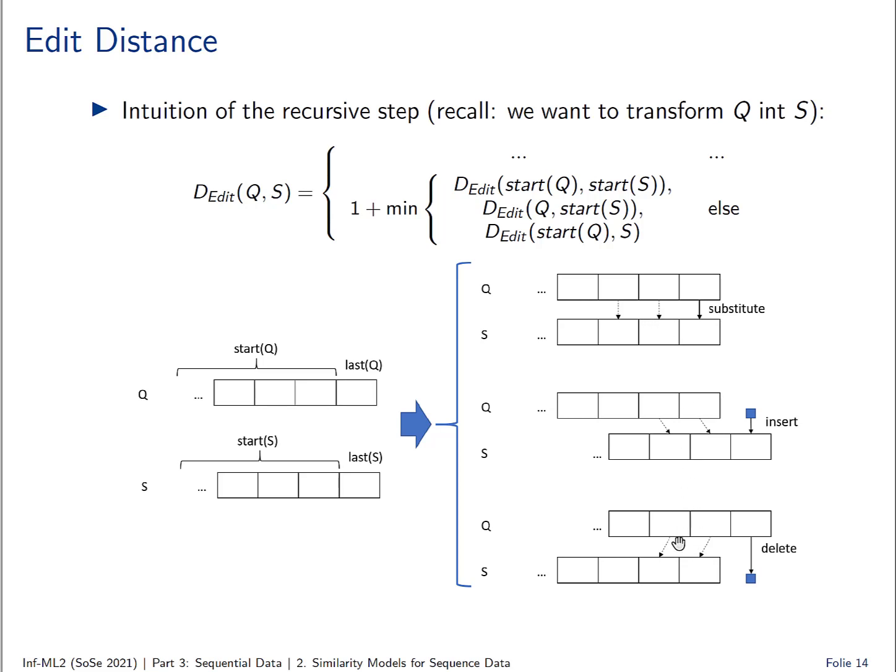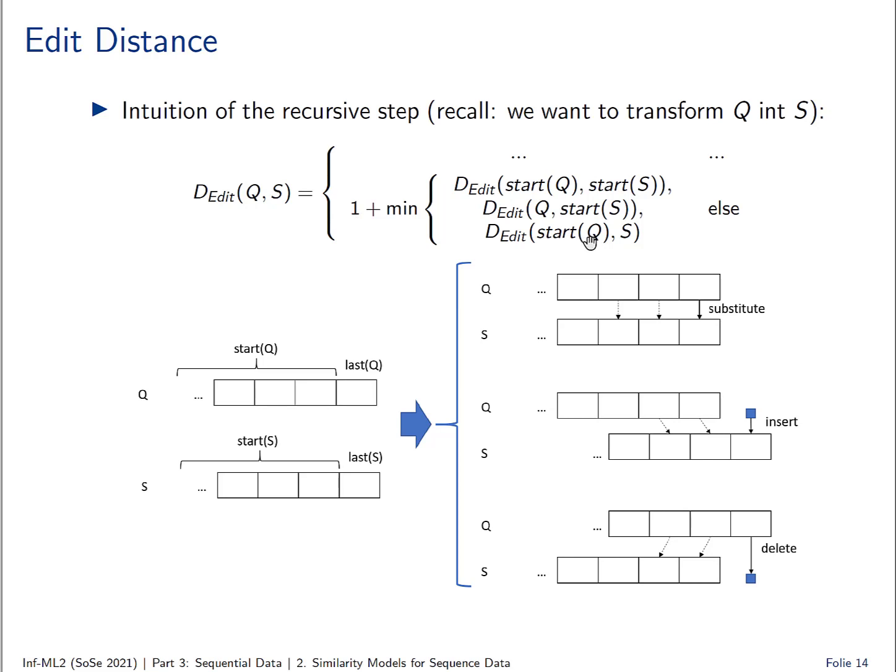So we have these three options. In all of these three options, this is only the case, obviously, when the last elements are different. In all of those three options, we have one edit operation, plus the cost for the remaining matches.